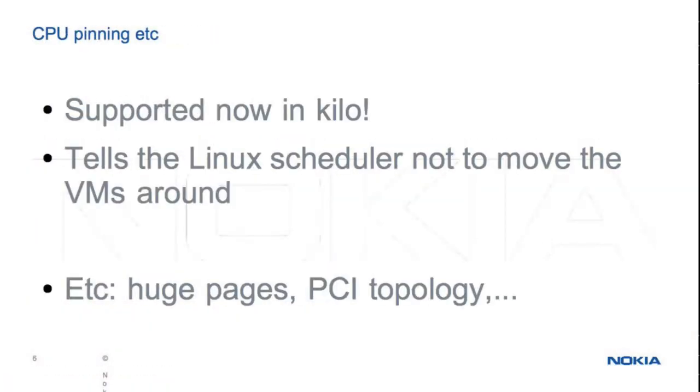The third thing that can be done is CPU pinning and so forth. That was missing from OpenStack a while ago, but now things are getting better. It's supported in Kilo. What it does is tell the Linux scheduler not to move the VMs around. If you have a virtual machine doing packet processing, and the Linux scheduler decides to move that virtual machine somewhere else, some packets are going to be lost, or at least delayed.